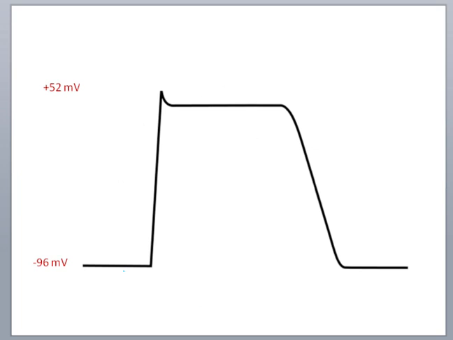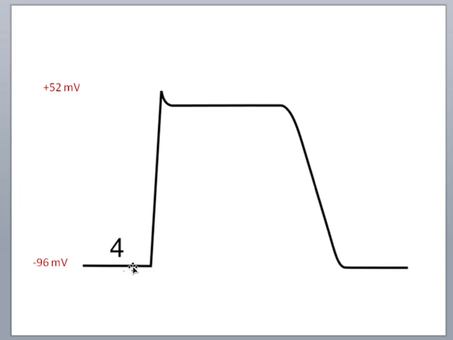So we will first start here with this baseline. This resting baseline is called phase 4 of the action potential. This is essentially where we have a resting tonic membrane potential, which is negative, and this keeps the heart from contracting.